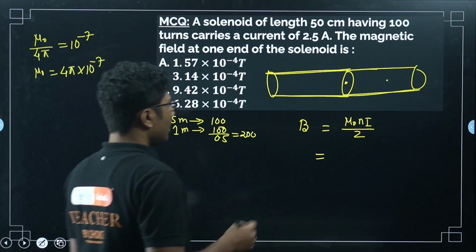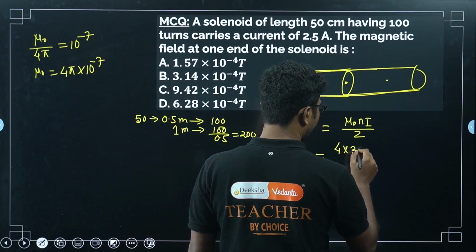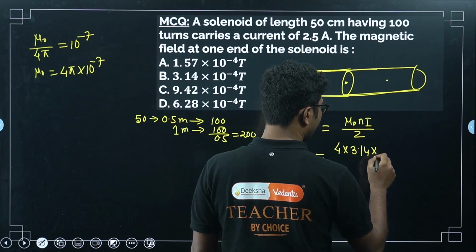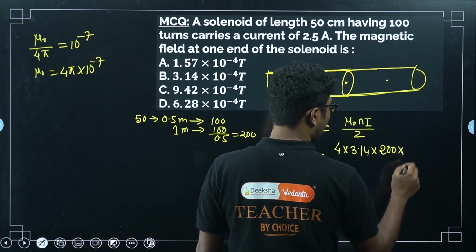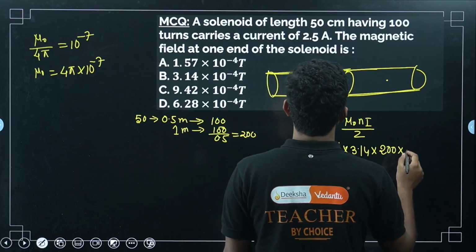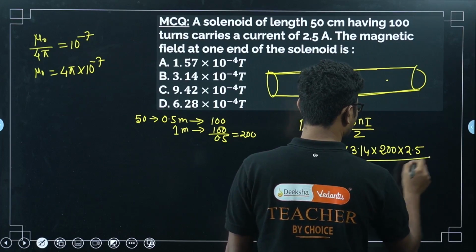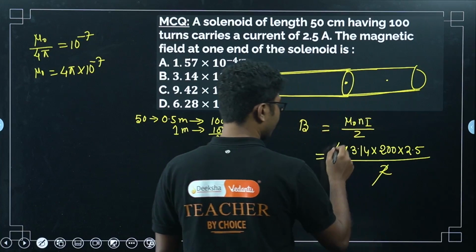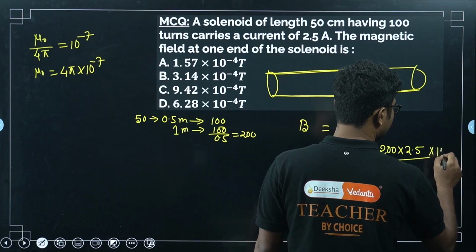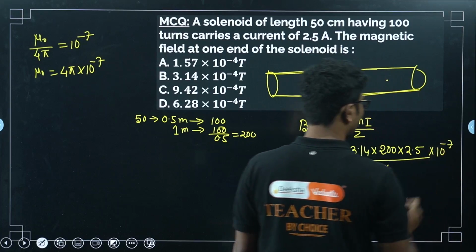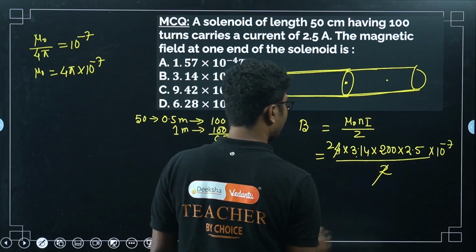So mu naught is 4 times pi, which is 3.14, times n, which we have calculated as 200, and I is given as 2.5 ampere, divided by 2. So one of the 2s cancels, and 10 to the power of minus 7, obviously.